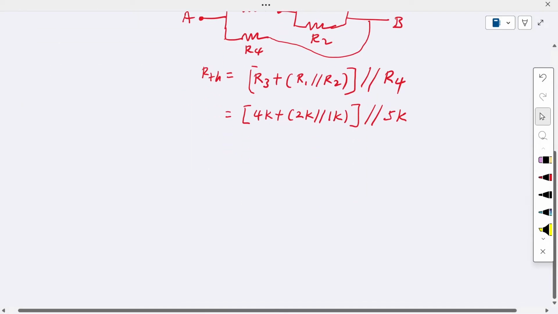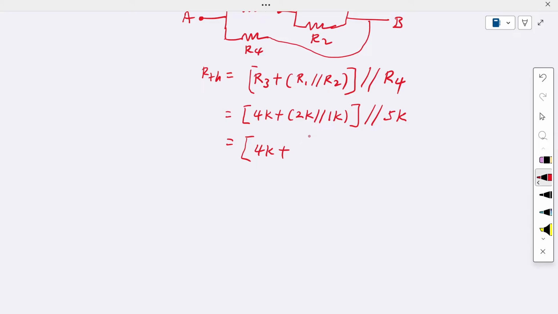Okay. Now we're going to calculate this. We have 4K plus 2K times 1K, we get 2K, divided by 3K here. Okay. And then here we're going to have this in parallel with 5K. So in this case, we have this 3K over here, we have 14K at the top, and then parallel with the 5K.